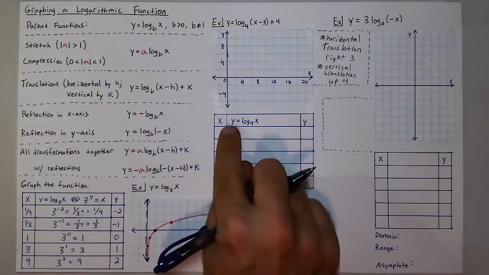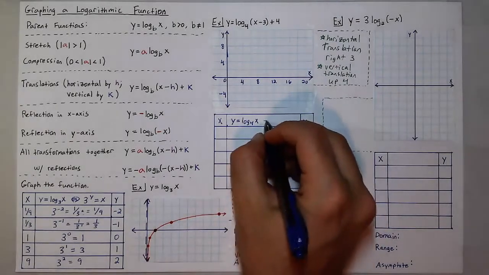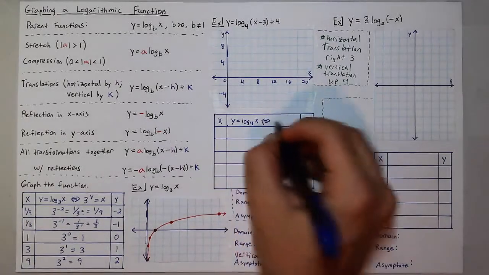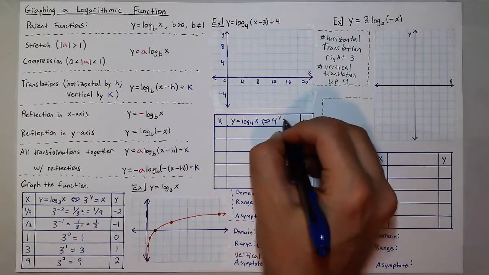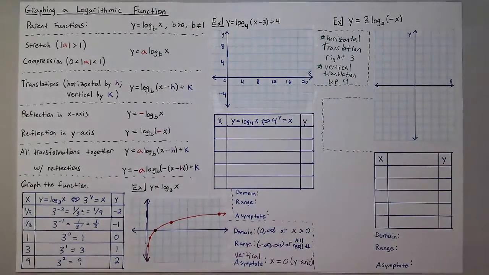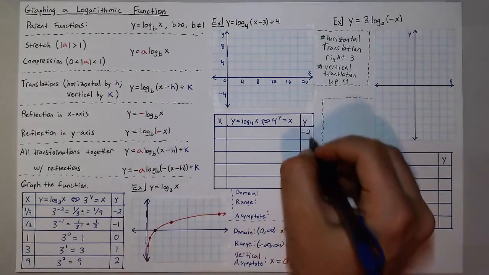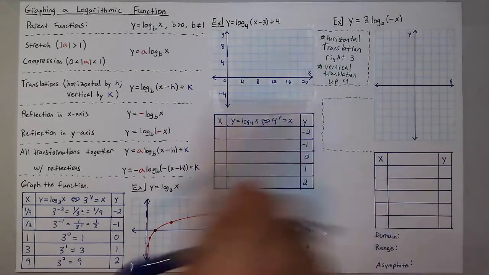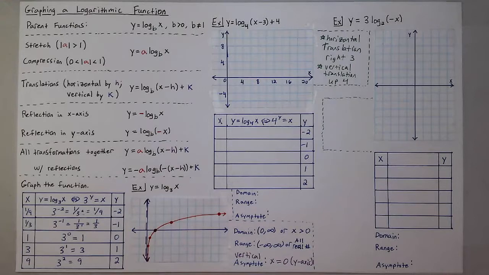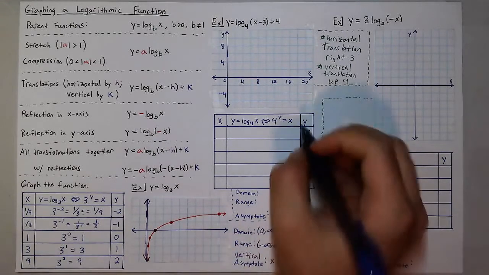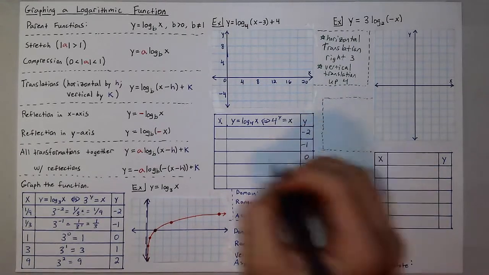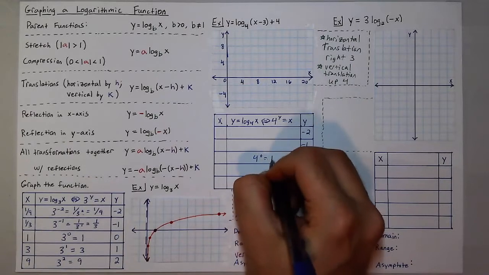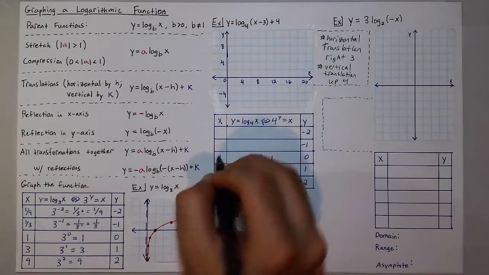So the parent function is log base 4 of x, but I'm going to use this exponential form, 4 to the y is equal to x, to find points. So we'll use -2, -1, 0, 1, and 2 for y to help us find the x's that go with those. So plugging in 0 for y, I get 4 to the 0, which is 1. So x is 1, y is 0.